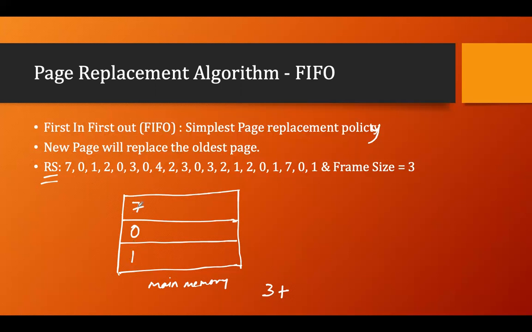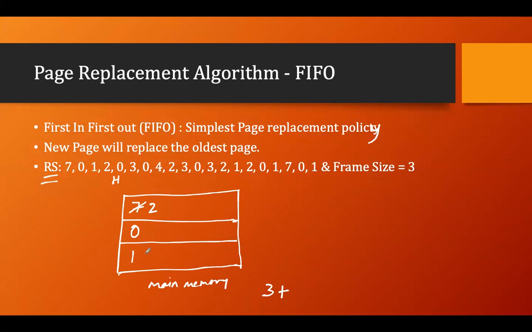So there is a page fault. What do we have to do? We have to replace the oldest. You see which is the oldest one here? 7 is the oldest one, so we'll replace 7 by 2. Then 0 occurs. 0 is there, so there is a hit, right? Then 3 occurs here, and which one do we have to replace?